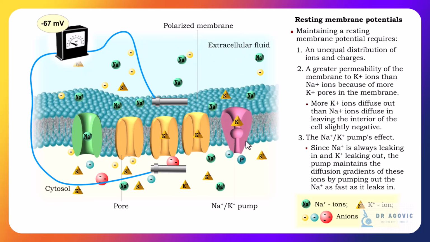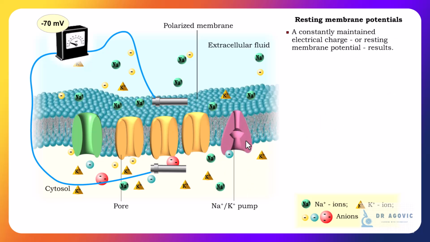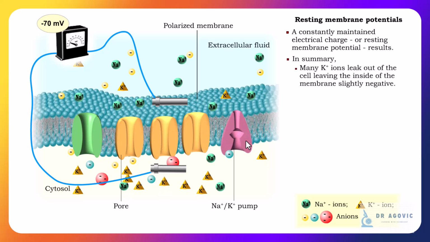And finally, the effect of the sodium-potassium pump. Because some sodium is always leaking in and potassium is leaking out, the pump helps by pumping out sodium as fast as it takes in potassium, thereby maintaining a difference in the gradients of these ions. The result is a constantly maintained electrical charge across the membrane.